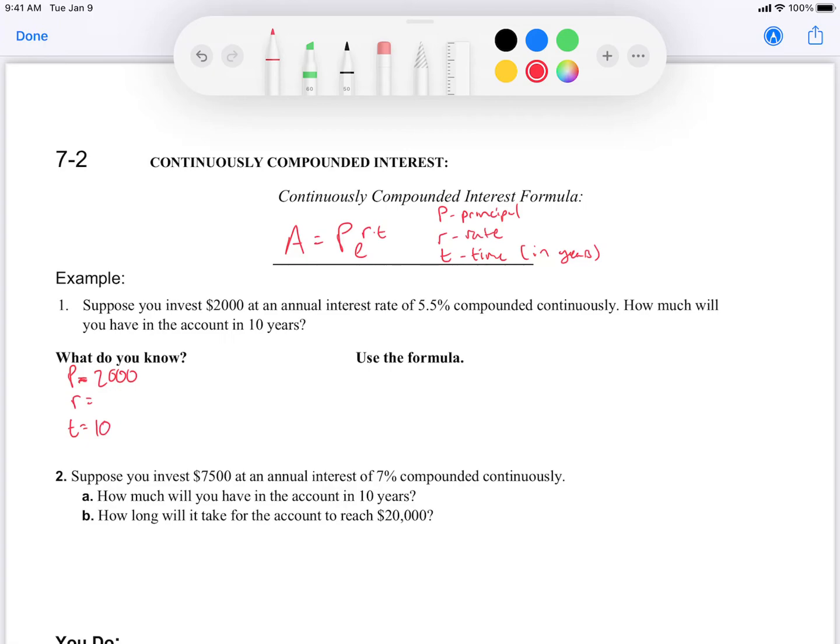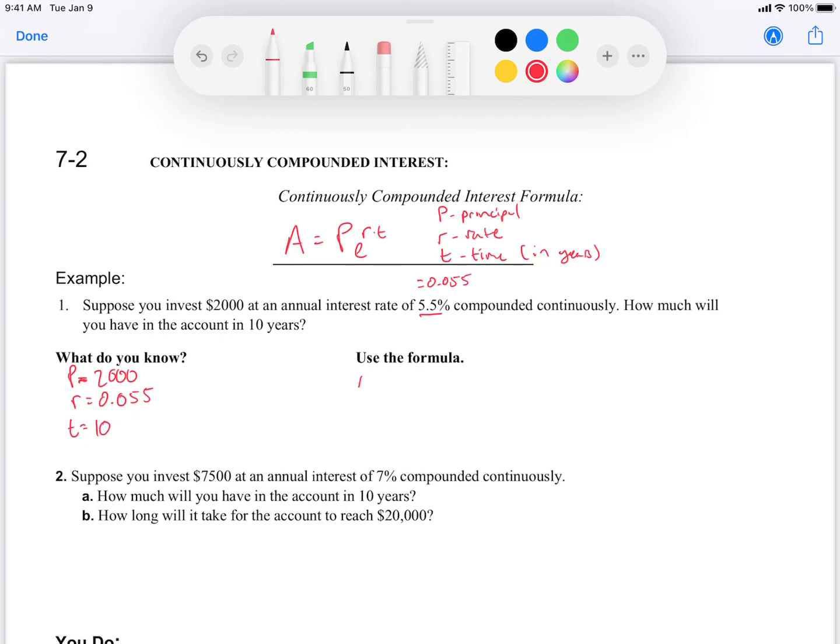We want to turn it into a decimal. So what's the decimal? Perfect. It's 0.055. Okay? So we always want to turn this into a decimal.